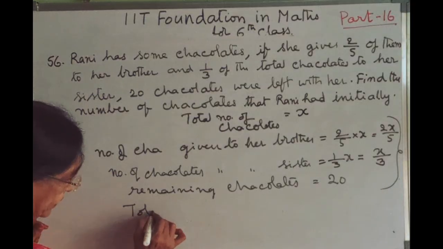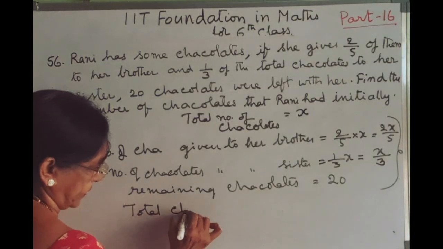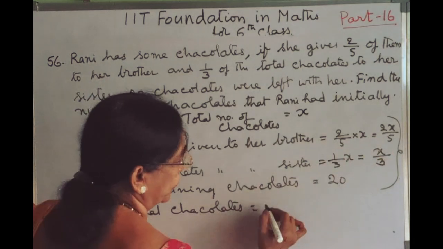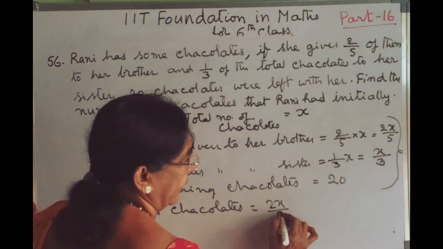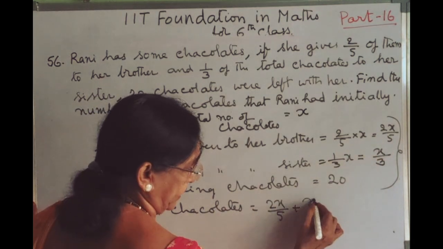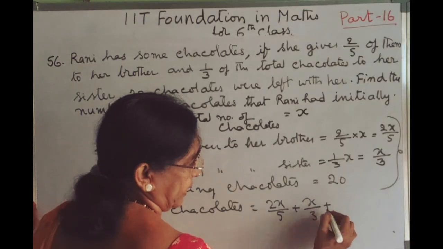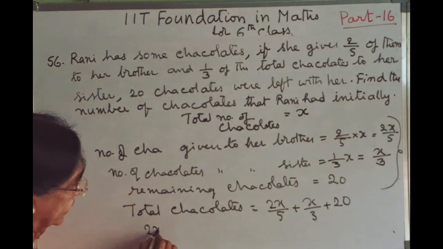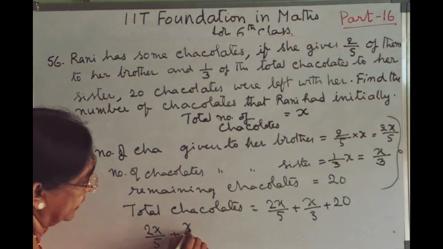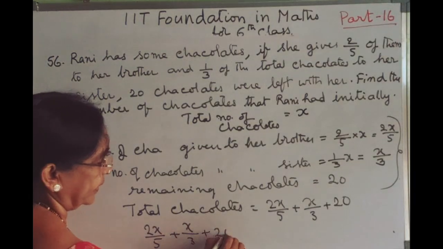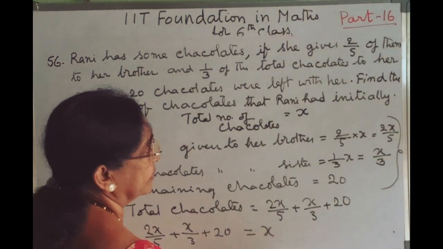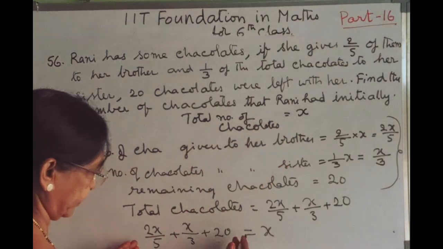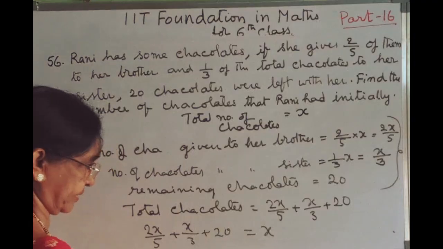Therefore, total chocolates is equal to 2x by 5 plus x by 3 plus 20. So total chocolates is equal to x. We have taken the total chocolates x. Therefore, this sum is equal to x.